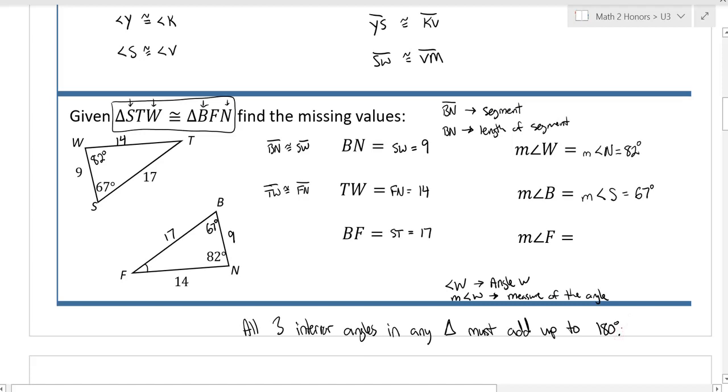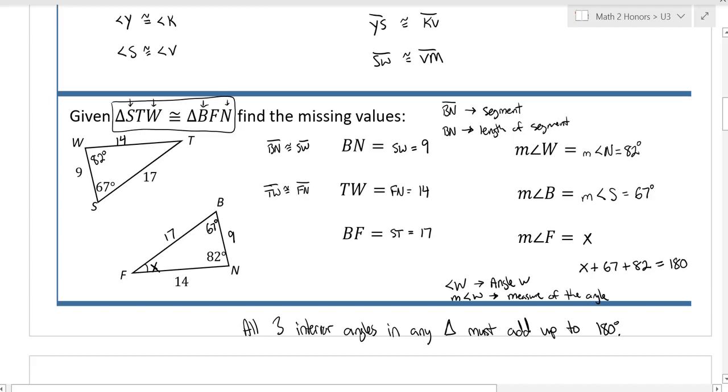So in triangle BFN we have two angles, 67 and 82, and so let's call this X, what we're trying to find. I'll put the X there for angle F, and we know that X plus 67 plus 82 is going to equal 180 degrees.